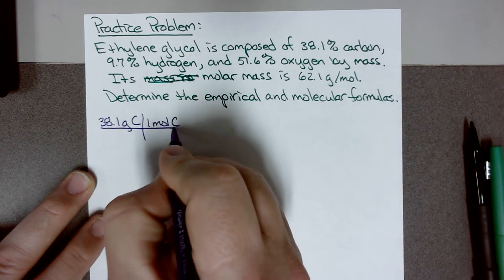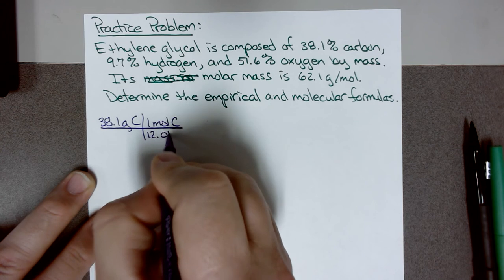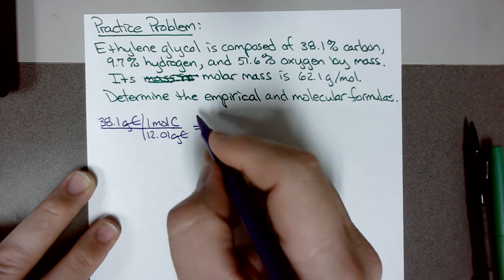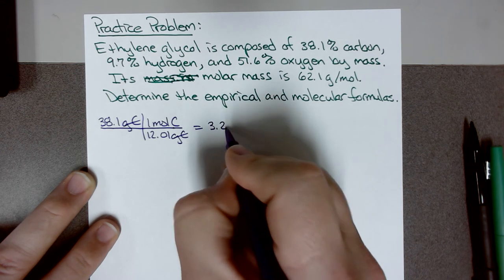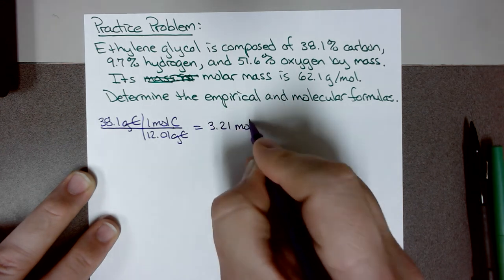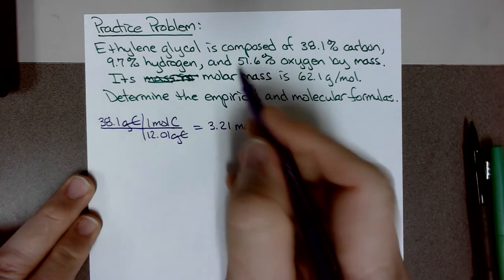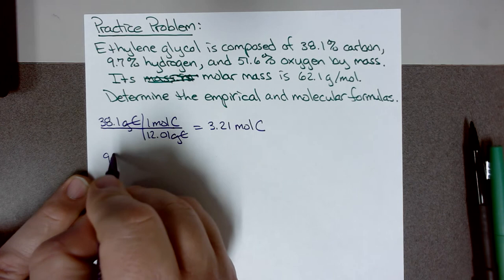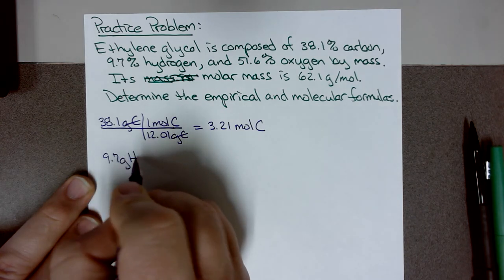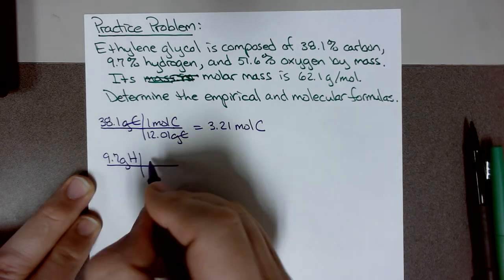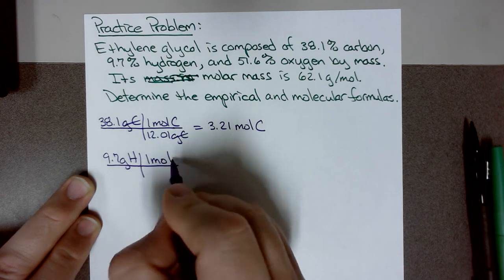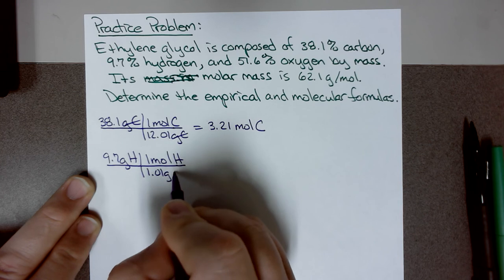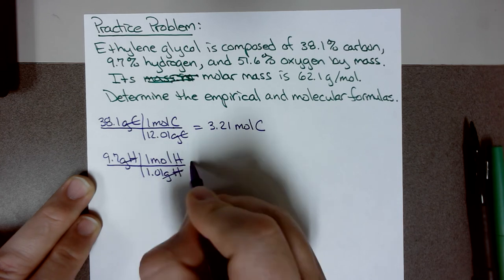Carbon is 12.01 grams per mole, and that is going to be 3.21 moles of carbon. Then we have 9.7% hydrogen, and we'll say that's 9.7 grams of hydrogen. Convert it to moles using molar mass. So 1 mole of hydrogen is 1.01 grams of hydrogen.